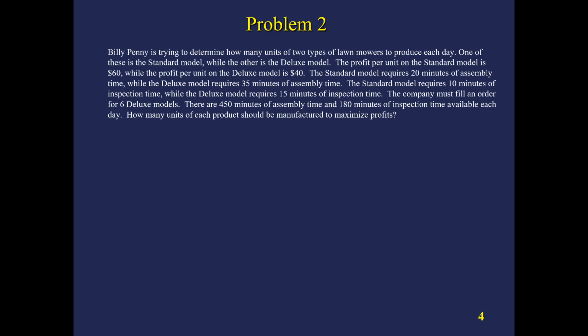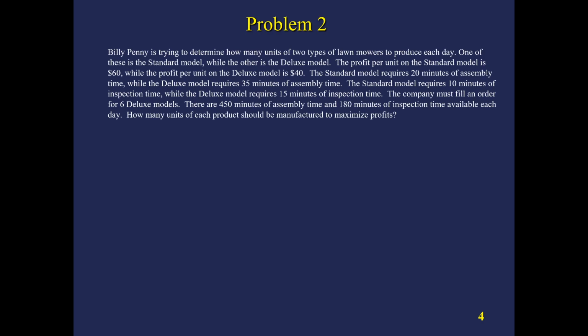The standard model requires 20 minutes of assembly time, while the deluxe model requires 35 minutes of assembly time. The standard model requires 10 minutes of inspection time, while the deluxe model requires 15 minutes of inspection time. The company must fill an order for 6 deluxe models. There are 450 minutes of assembly time and 180 minutes of inspection time available each day. How many units of each product should be manufactured to maximize profit?